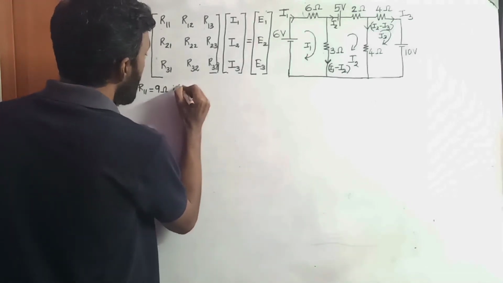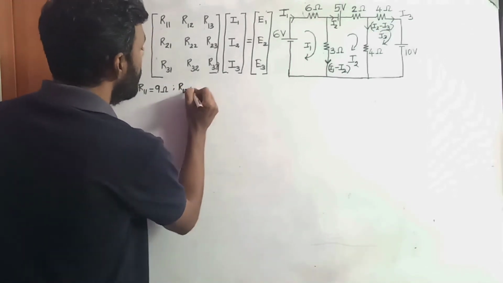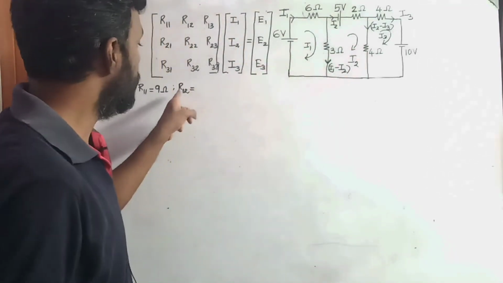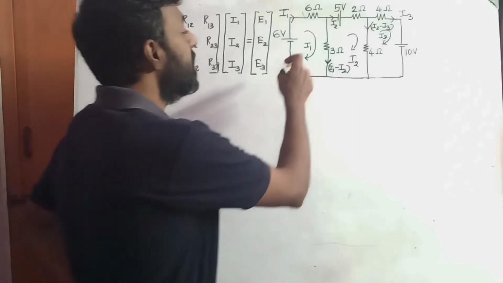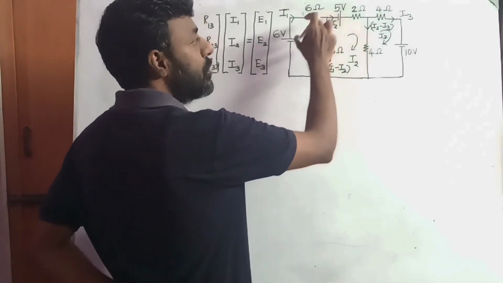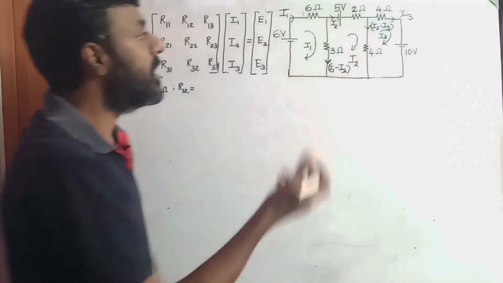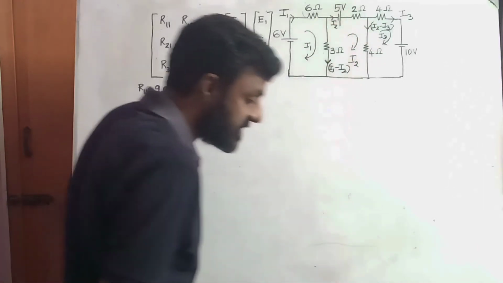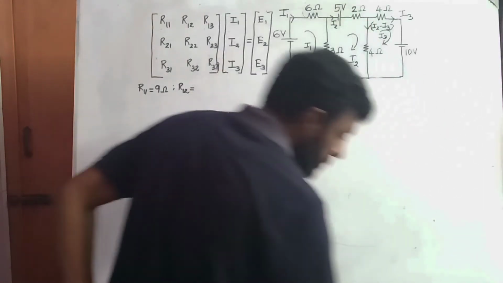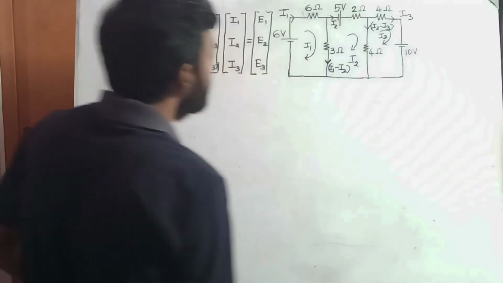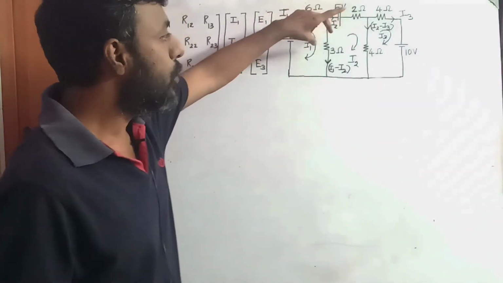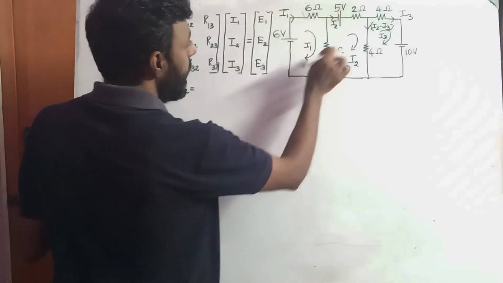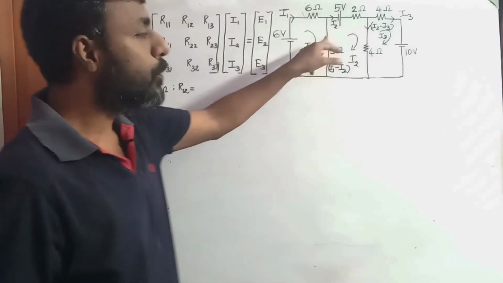Next one is R12. R12 means the resistors common to compartment 1 and compartment 2. What is the resistor that is common to 1 and 2? Only one resistor, the 3 ohm resistor. So this is R12, a resistor common to both compartment 1 and compartment 2.